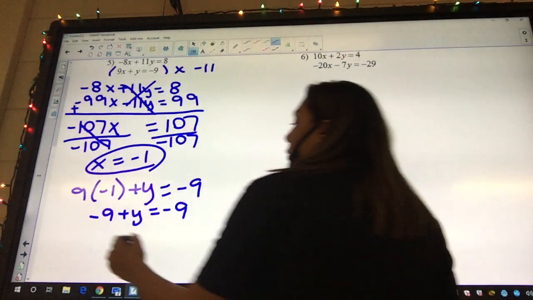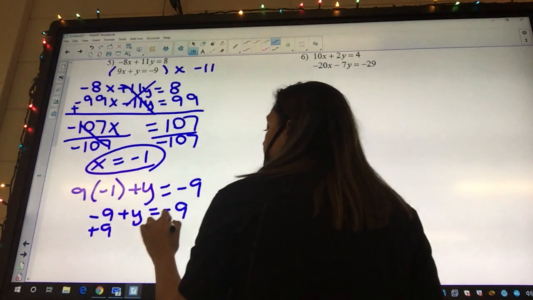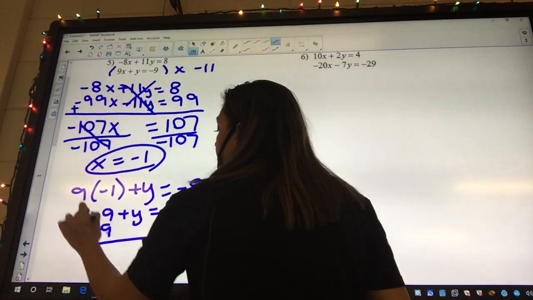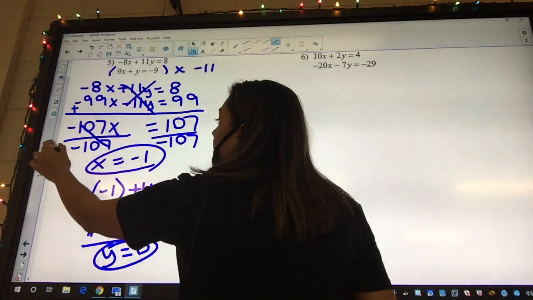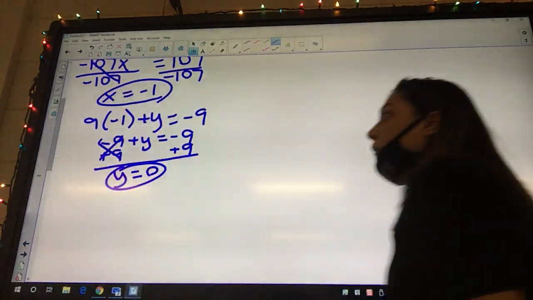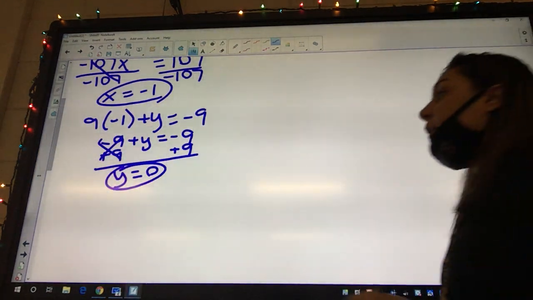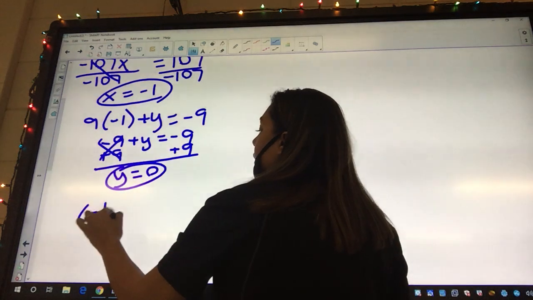And I'm trying to solve for y, so I'm going to say plus 9, plus 9. So I got y equals 0. Okay, and then we have to write this as a coordinate. So negative 1, comma 0.